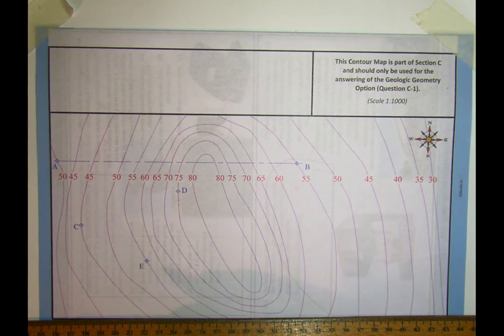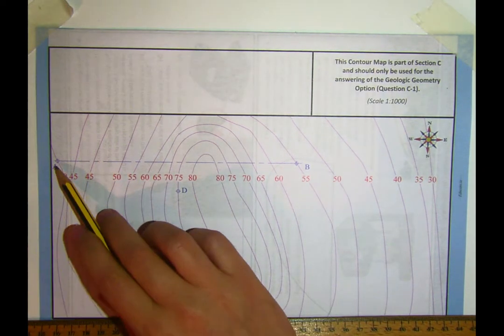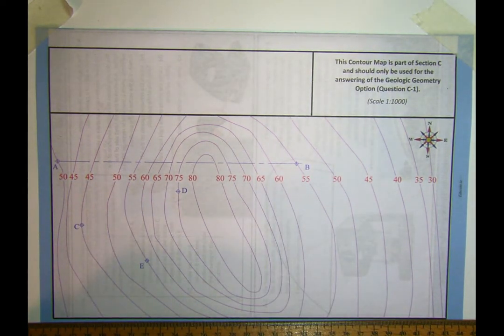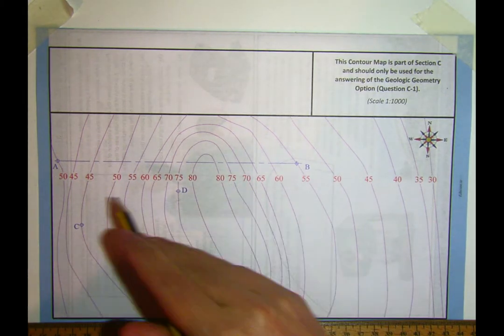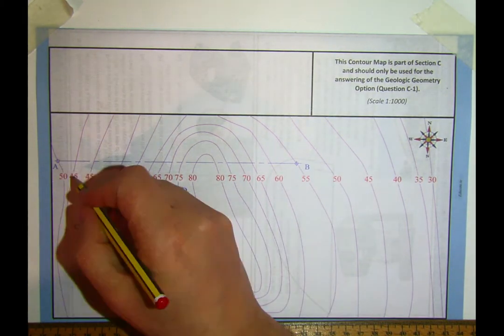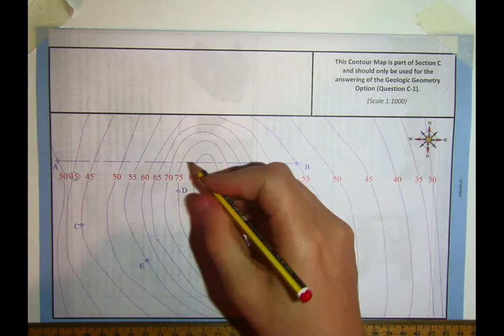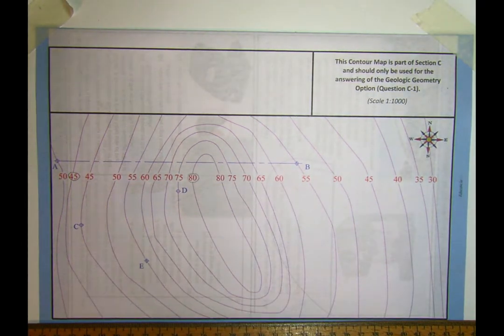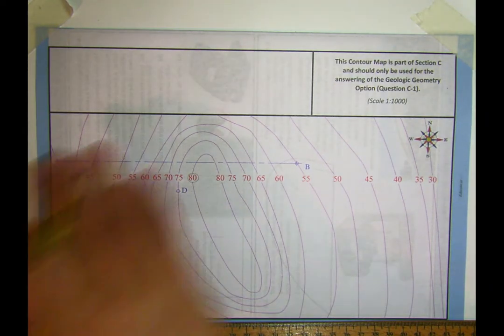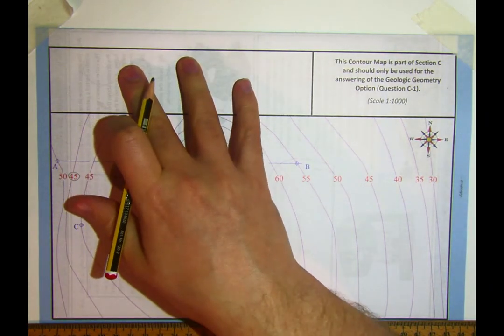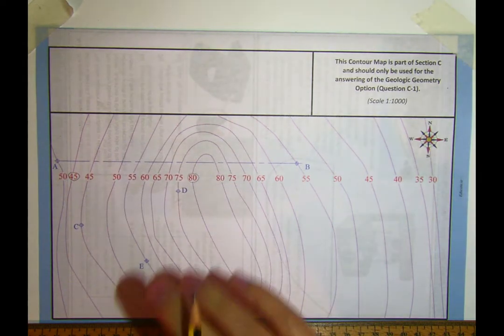So starting with this question, the first thing that we're going to do is, looking along the line AB, find the lowest and highest points. So 45 appears to be the lowest point and 80 appears to be the highest. Taking those heights, I'm going to find height lines that will correspond to them up here in this box.